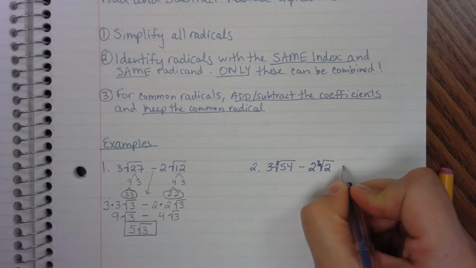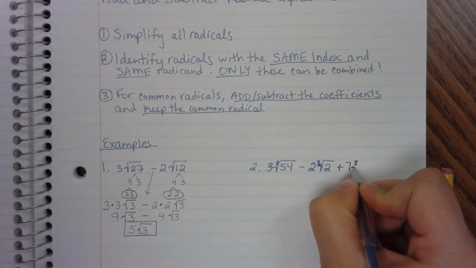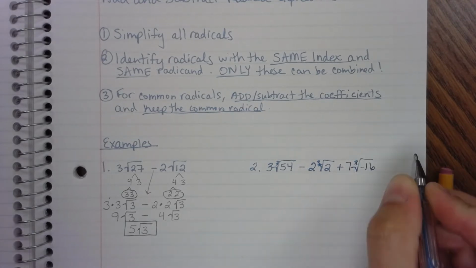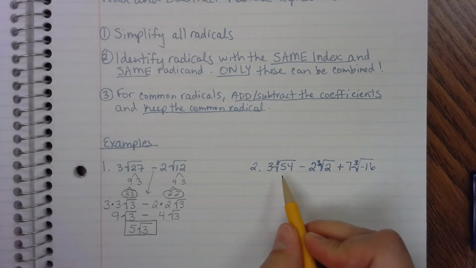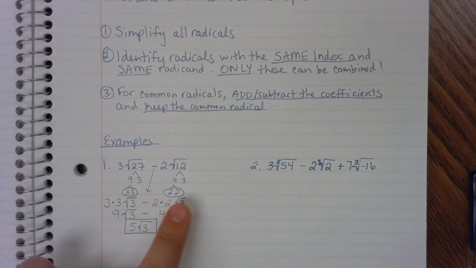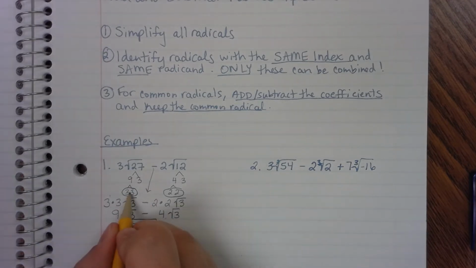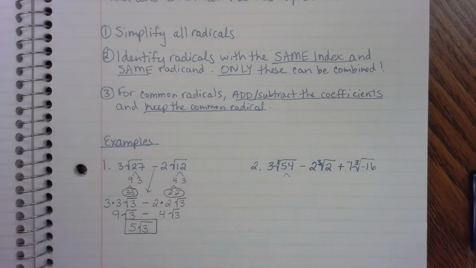And then I'm going to go ahead and throw in another one, plus 7 times the cube root of negative 16. So we're going to simplify this, but this time around, instead of looking for perfect squares, we're now looking for cubes. So I'm going to break down 54, and if I don't remember my factors, I can always use my calculator.